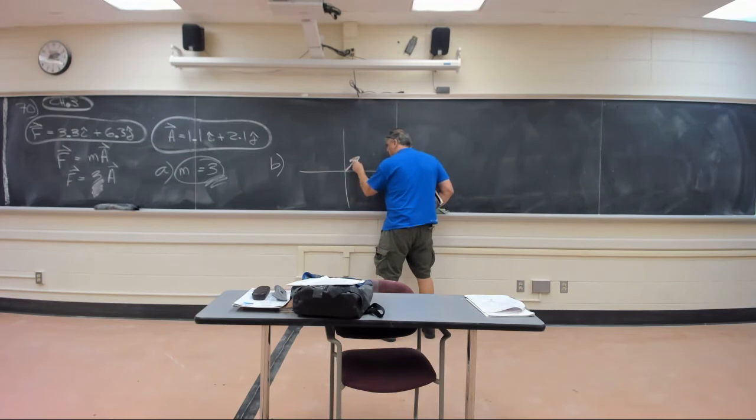That's A. The other one is 1.1 plus 1.1 plus 1.1, 3 times 1.1, right here. That's 3.3. And 2.1 plus 2.1 plus 2.1, that's 3 times 2.1. That's up here.